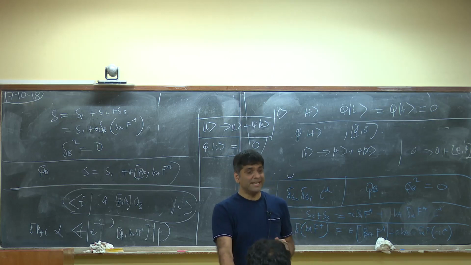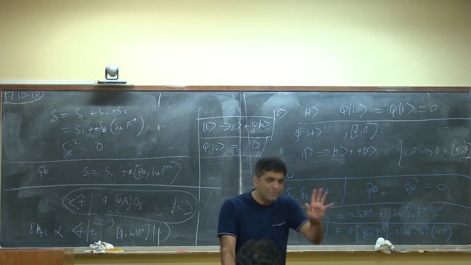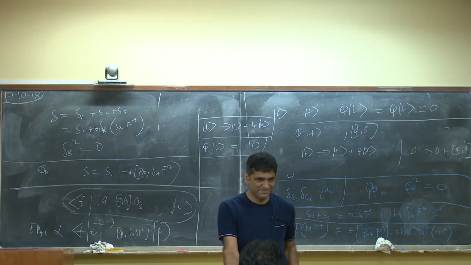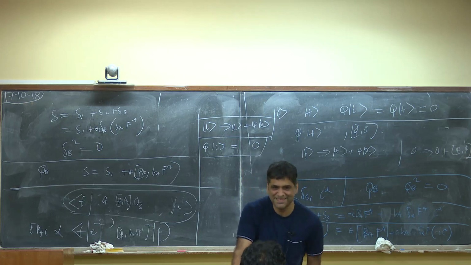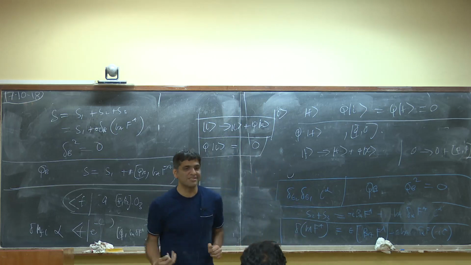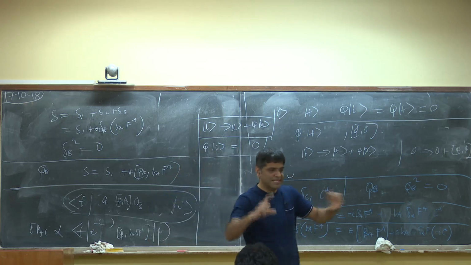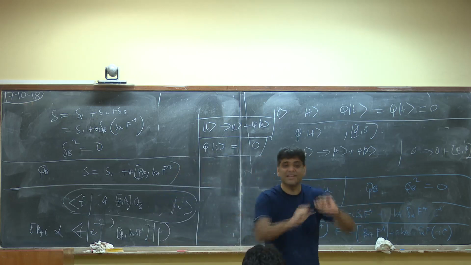The point is that there is one very easy way to make states that are annihilated by q: just act with q on any other state. Because q squared is 0, q acting on any other state will obviously be annihilated by q. But that's too easy. All such states don't give you anything interesting. Its inner product, its matrix element with any other state is 0.